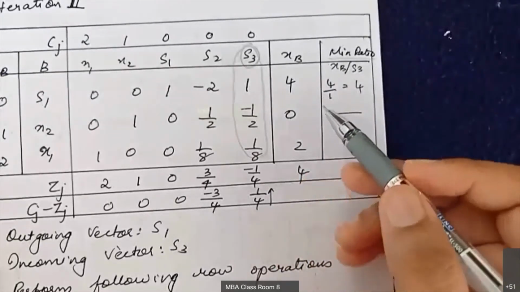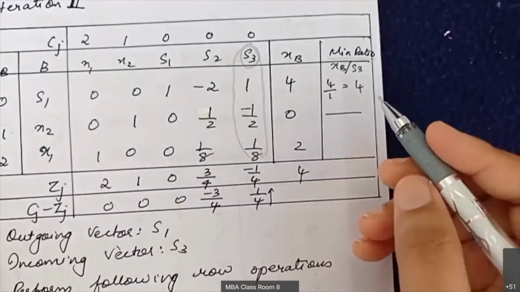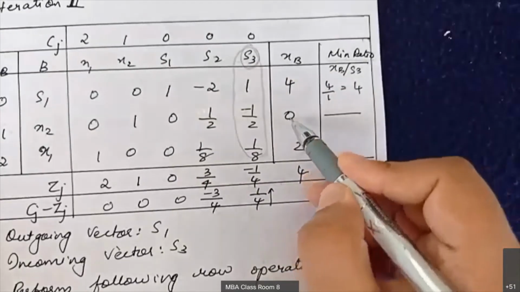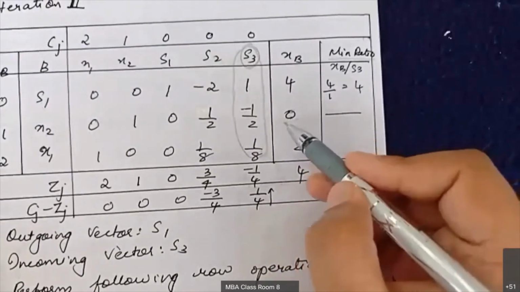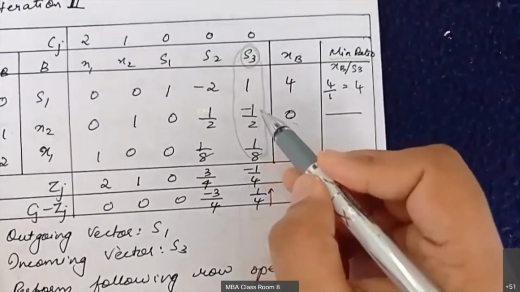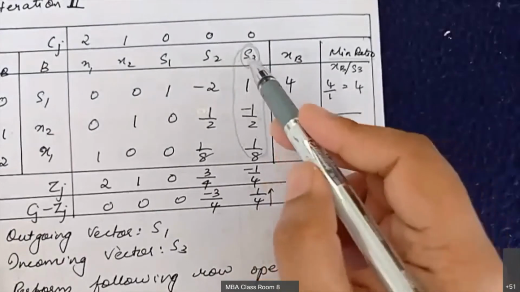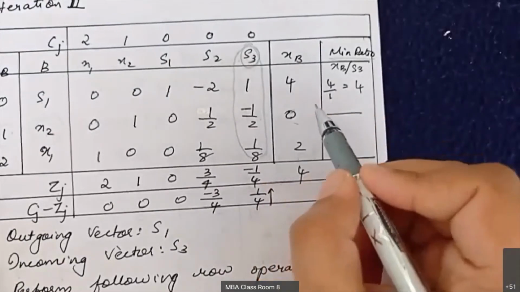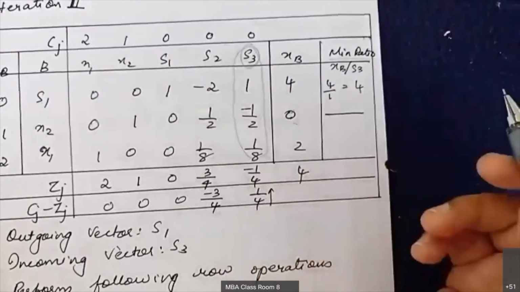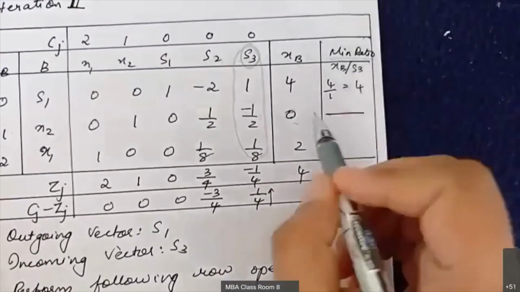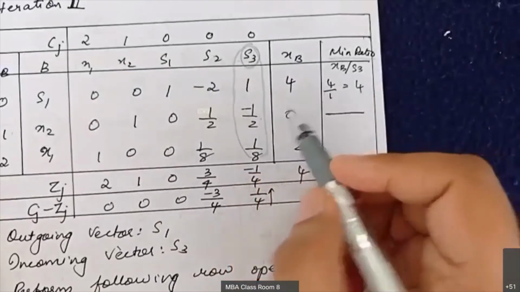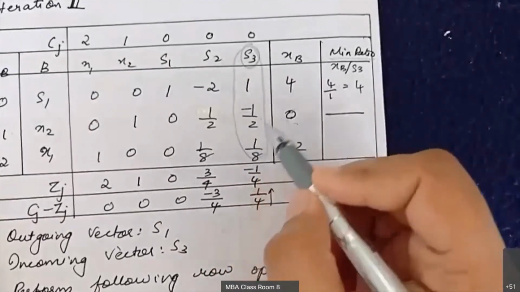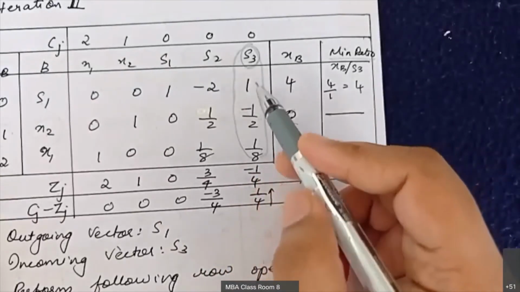That is the common method that we have seen. But in the case of simplex, when you have a value 0 which is going to be divided by a negative number that comes from the key column, don't enter anything into the minimum ratio. So 0 divided by minus 1 by 2 is actually 0 only, but don't enter anything because the value in the key column is negative.